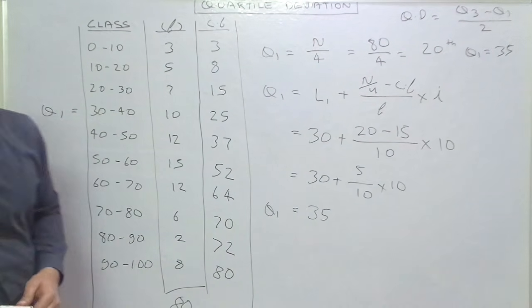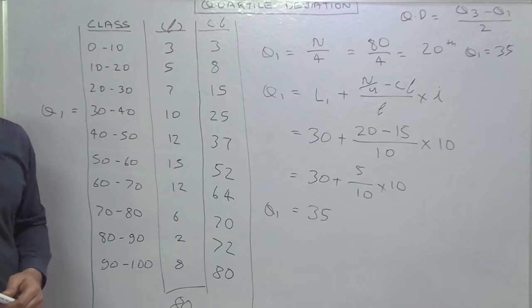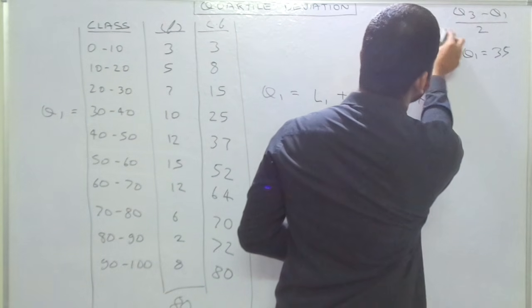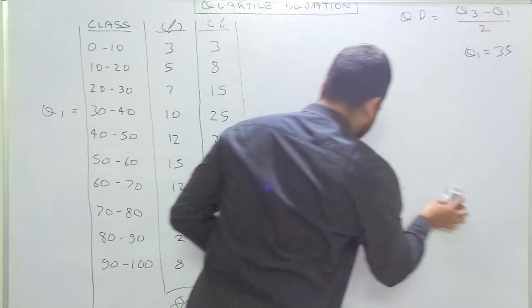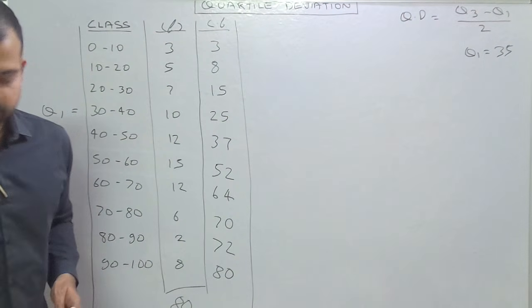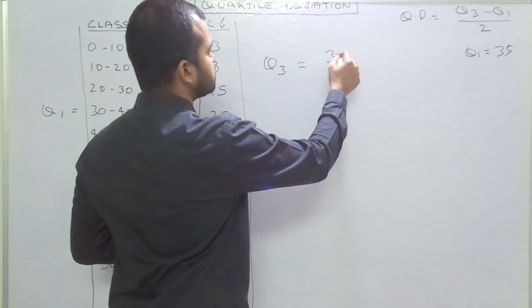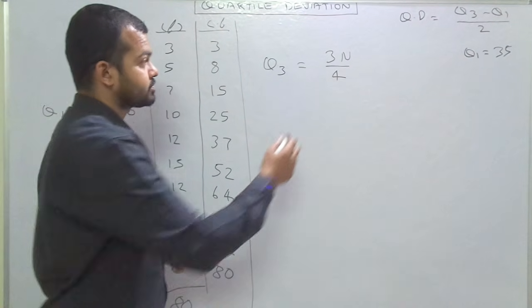Now we'll calculate the value of Q3. The value of Q3 is found the same way as above. First we have to find the rank, that is Q3 is 3n by 4. Here also we are not adding 1.